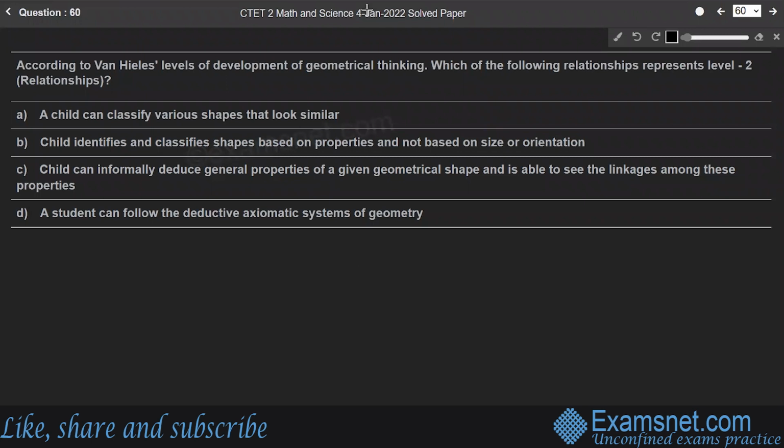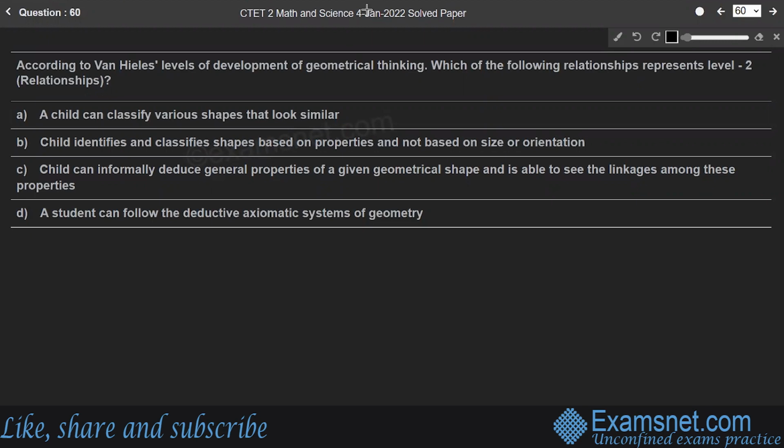Question number 60. According to Van Hiele's levels of development of geometrical thinking, which of the following relationships represent level 2 relationships? A child can classify various shapes that look similar. Child identifies and classifies shapes based on properties and not based on size or orientation.